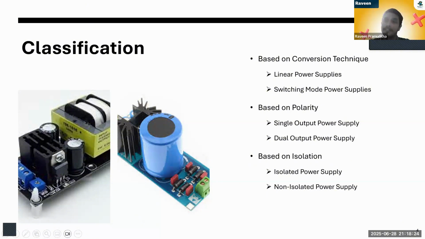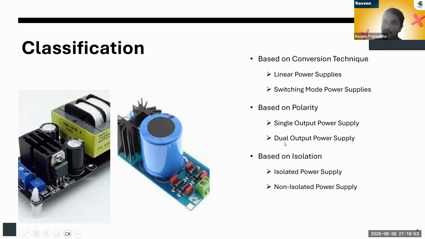Normal batteries are single output power supplies. Dual output power supplies have two polarities, like function generators and the power supplies in labs, where we can get plus voltages and minus voltages as well.